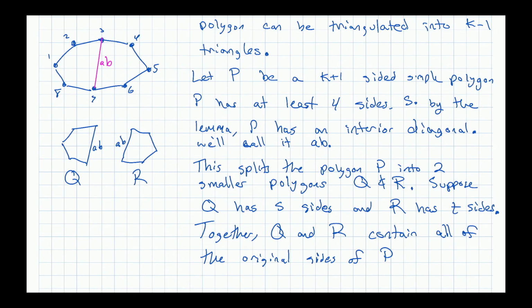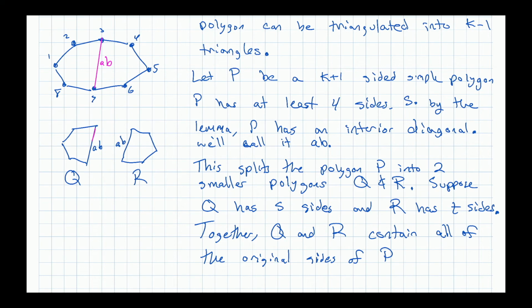So all of the blue sides are here. All of these blue sides are here in R, but they both have AB, right?